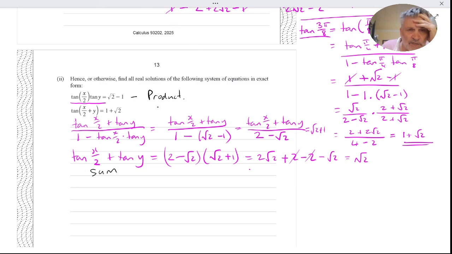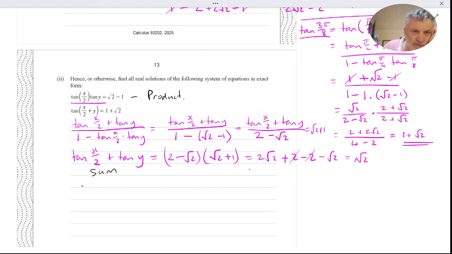In a quadratic equation, the c term, the constant term, is the product of the two roots, and the b term is the negative of the sum of the two roots.